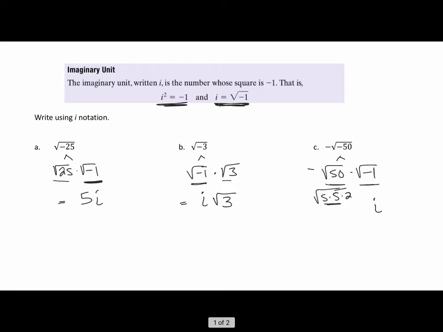Oh, okay, so we do have a square root of 25 here, which is 5. This 2 stays inside. And there's a negative out front. Still, not losing that. All right, so let me write this in the proper order: negative first, number, i, and then radical. So that will be the simplified expression using i notation.